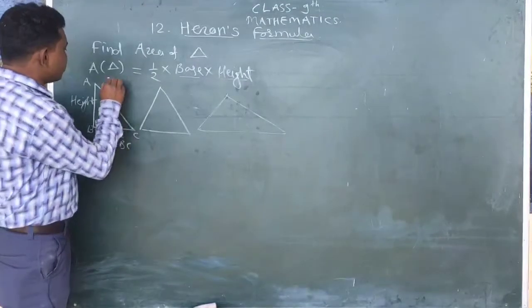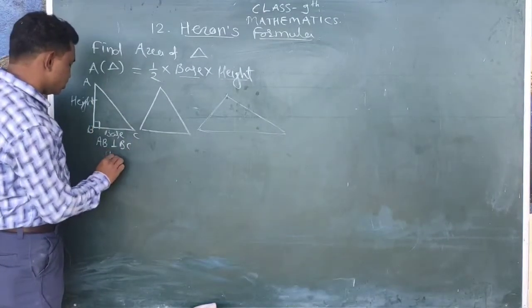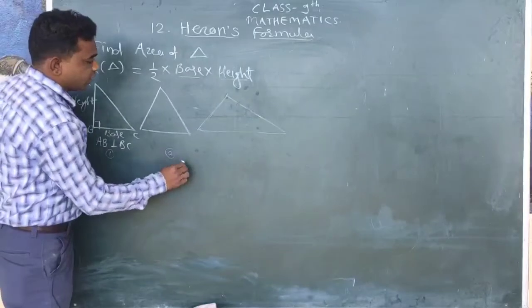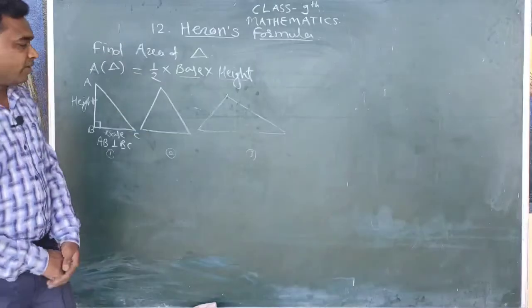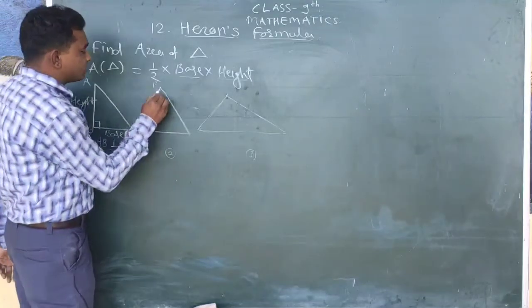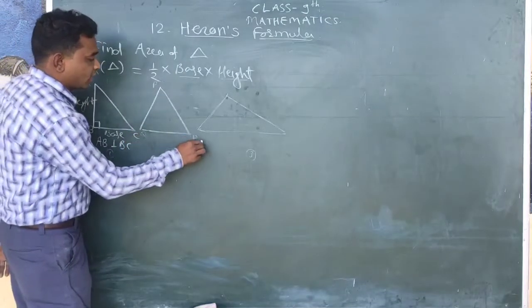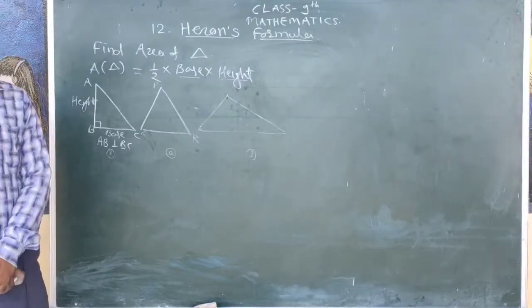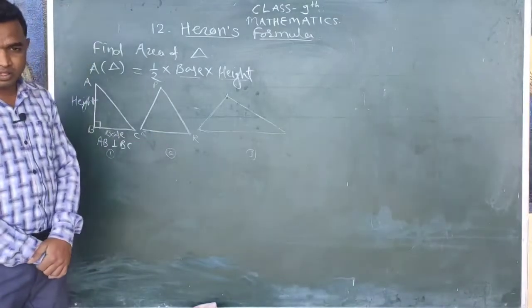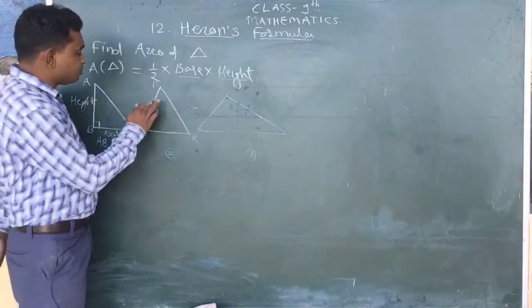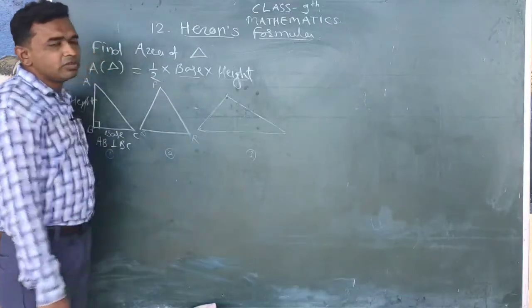Now, this is the first triangle, this is the second and this is the third. Consider the second triangle, named P, Q and R. PQR is an equilateral triangle, that is, all three sides of this triangle are equal in length: PQ equals QR equals PR.